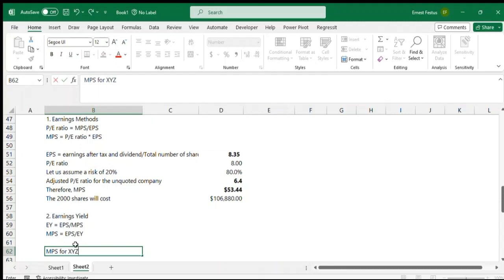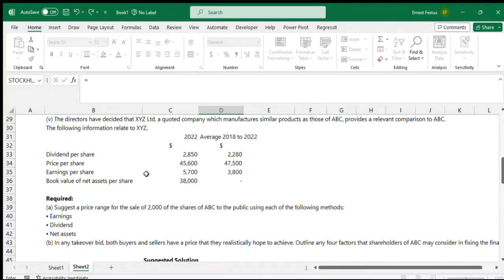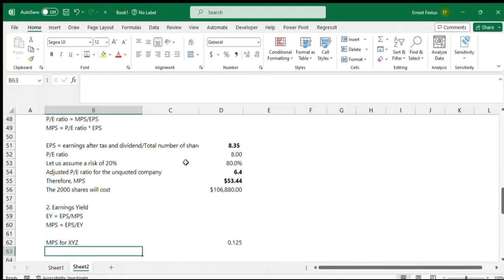That is going to be equal to, as the formula goes, the earnings per share for our quoted company divided by the MPS. I'll hit enter, and that is 0.125.